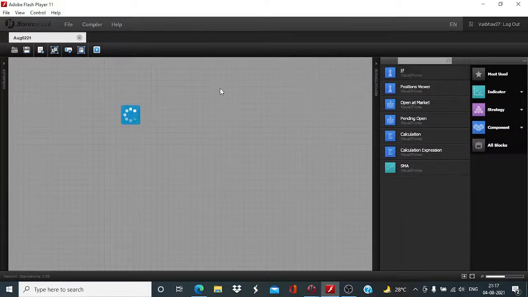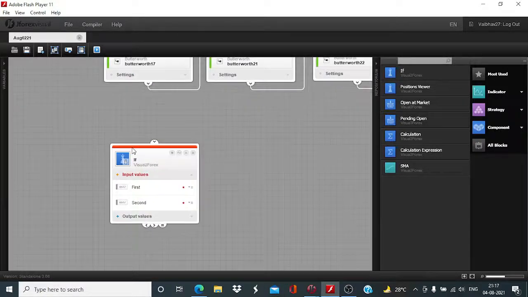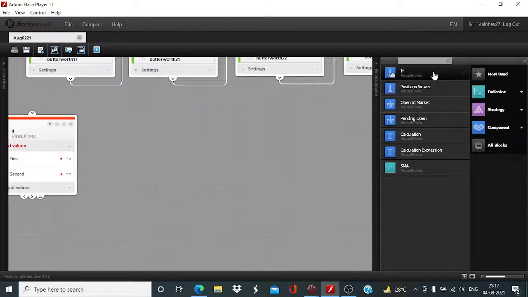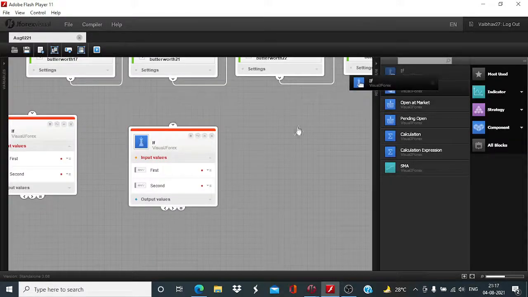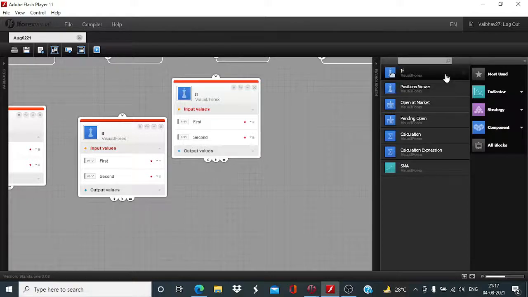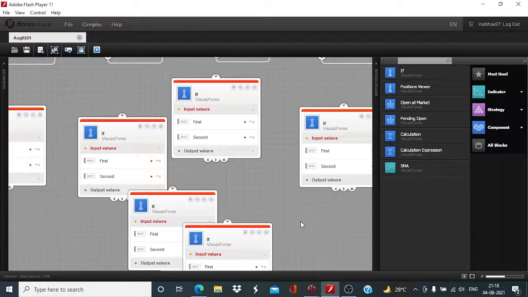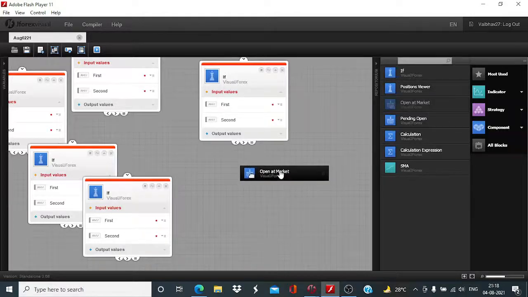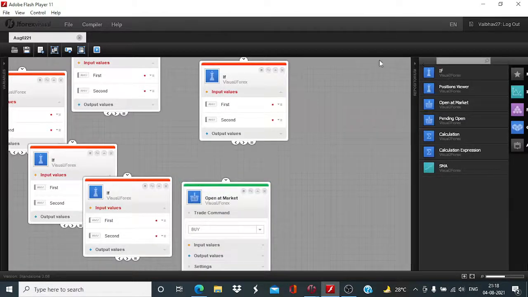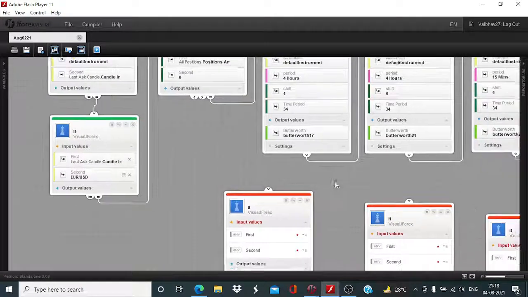So let us bring it in. 1, 2, and 7. After that, the trade block, trade command block.